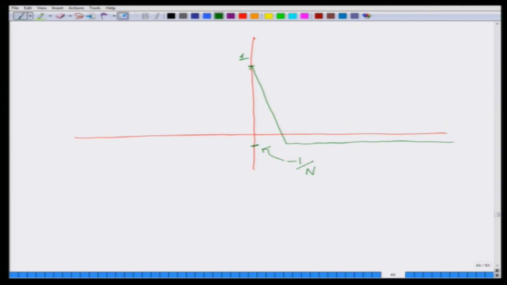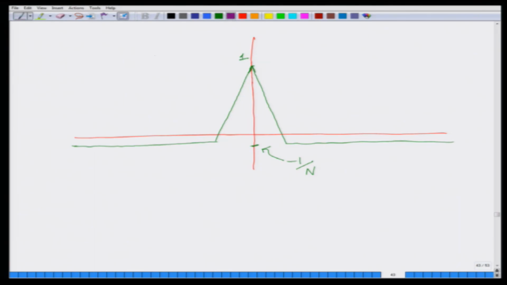So, the moment I have any other shift other than the 0 shift, this autocorrelation falls sharply. So, this is the autocorrelation property of the PN sequence.